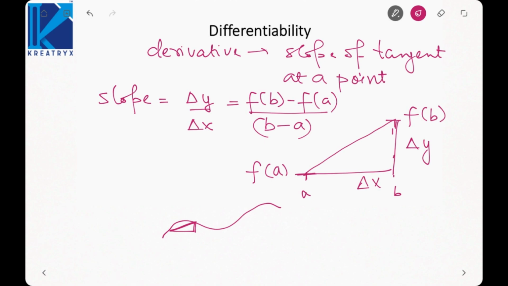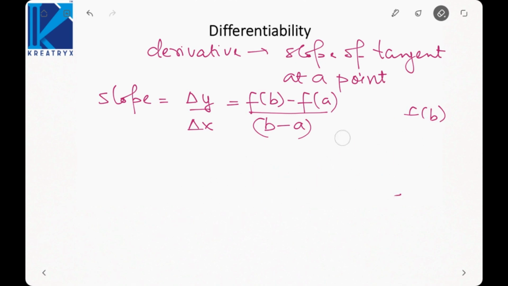Now, if you bring these two points close enough, then this line will become a tangent. That is, if B and A are close to each other, then the secant, or the line joining the two points, will become a tangent. So, if you want to derive the slope of the tangent, then B and A must be close together.